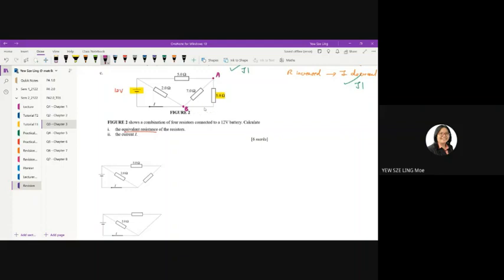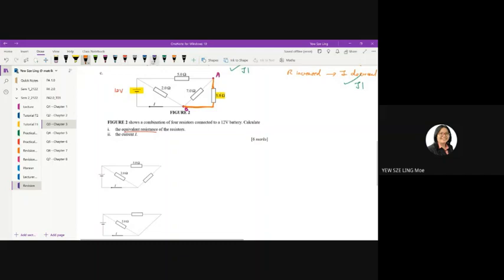I'm going to find out how many possible paths I can use to travel from A to B. The first one, of course, passes through the 5 ohm resistor. Along this orange color path, I have just one resistor. Therefore, I cannot simplify it anymore. That is the simplest form that I can get, so I'm going to leave the 5 ohm resistor as it is.